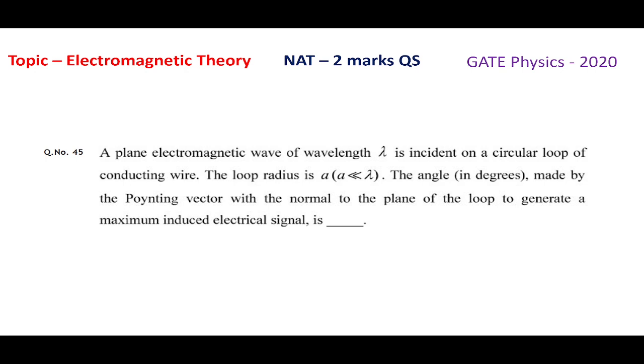So the magnetic field of the electromagnetic wave should be along the Z direction. So flux is B dot A, that is B times A, the area of the loop, times cos theta. Theta is the angle between your magnetic field and the normal to the loop. So if theta is 0, then your flux is maximum, right? That means your magnetic field is along the normal to the plane. You got it, right?